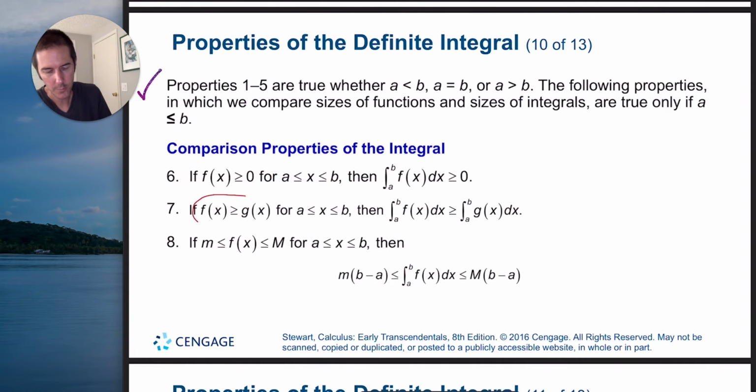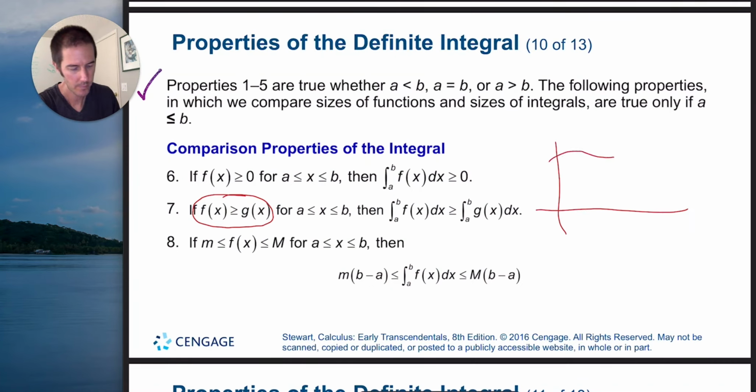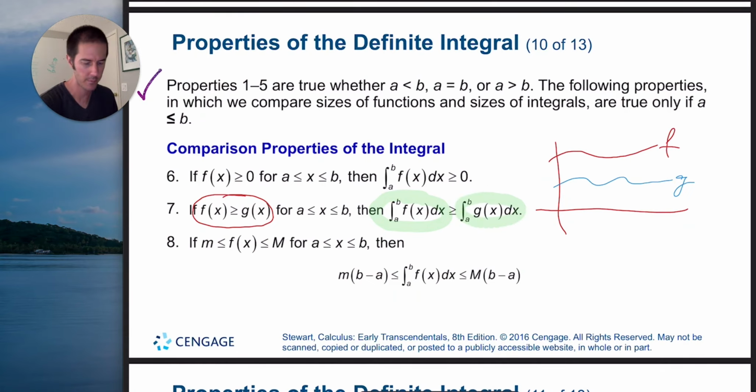If I've got two functions and function f is greater than function g, here's function f, and this is function g, then the area under the curve of our function f is going to be greater than the area under the curve of function g.